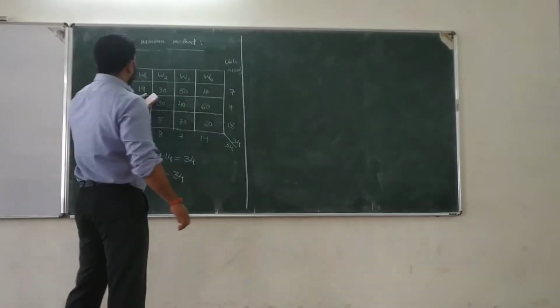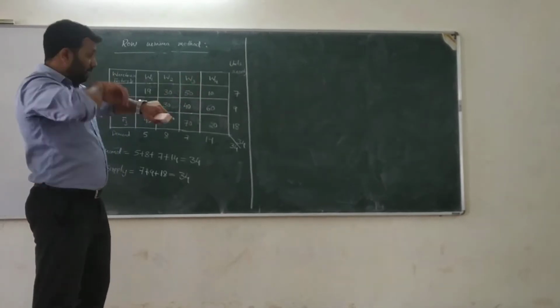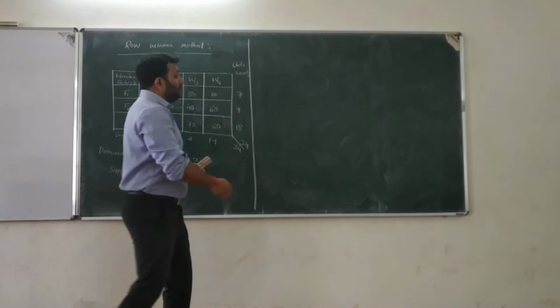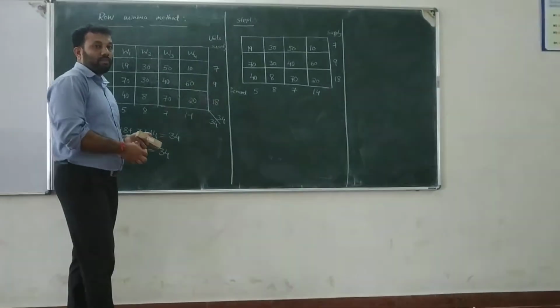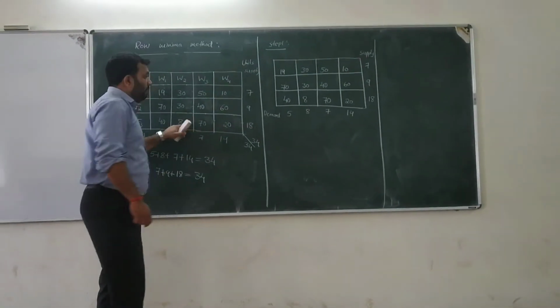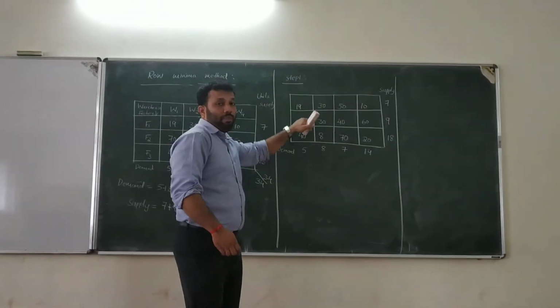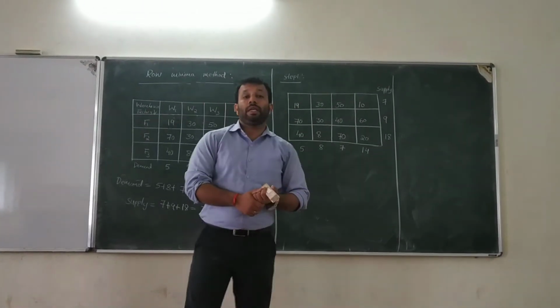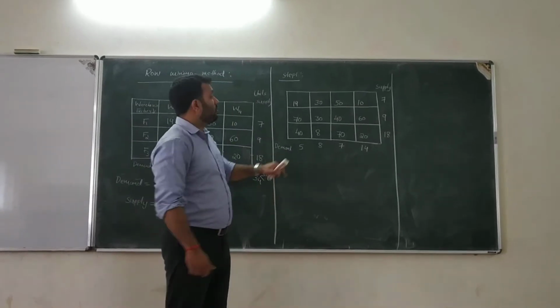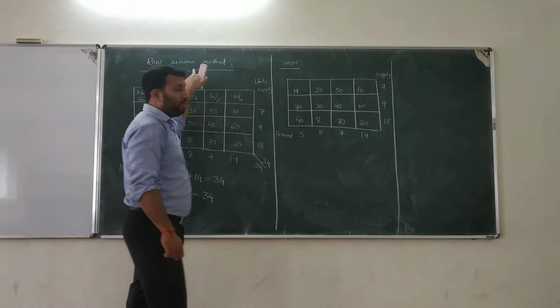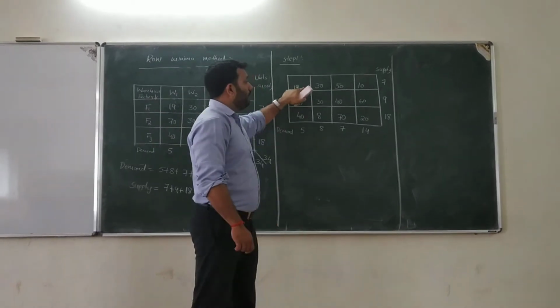Step 1 is to identify the minimum cost in the first row. Now I have reproduced the same table over here. Since it is the row minimum method, one by one we have to select the rows.